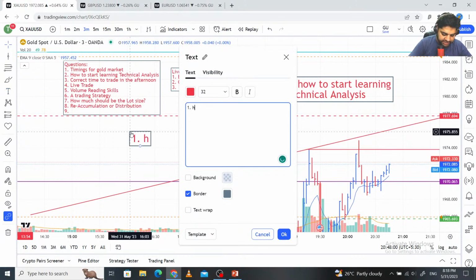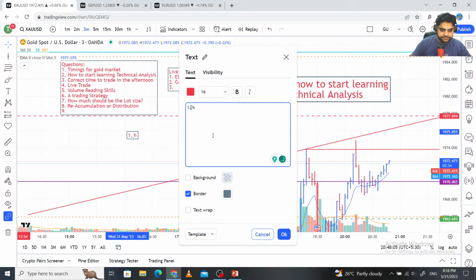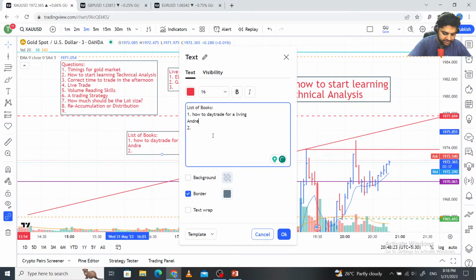So I will give you a list of books. One is How to Day Trade for a Living by Andrew Aziz. The second book is Trades About to Happen by David Weiss.